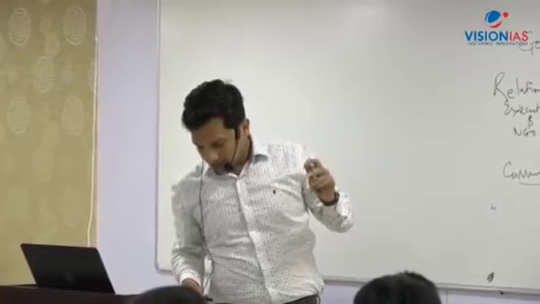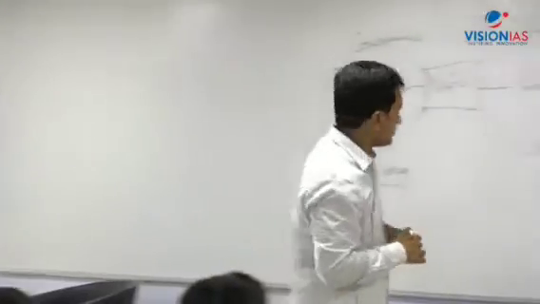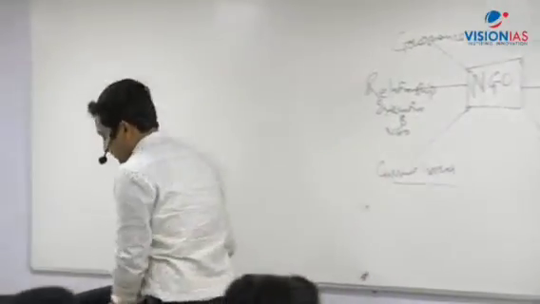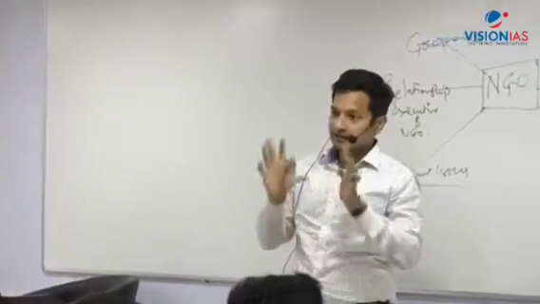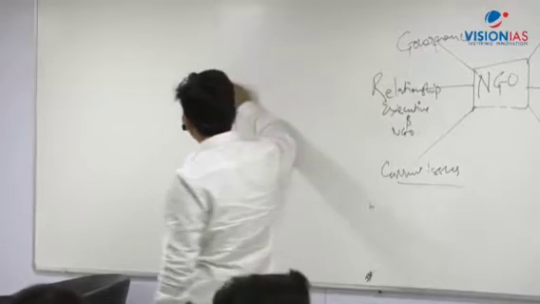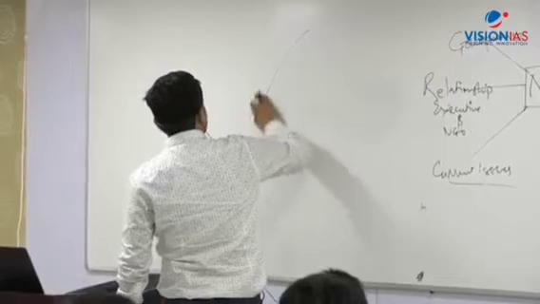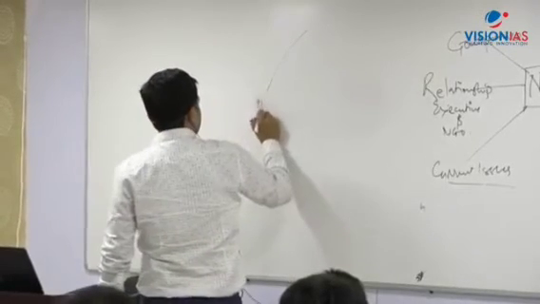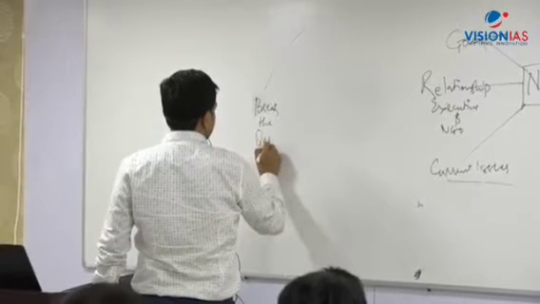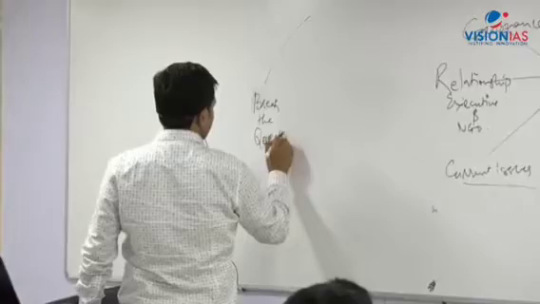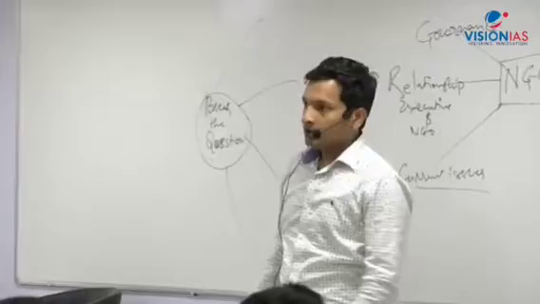Then coming to the next part: see what the question is. Generally, when you see a question, it will have at least 2-3 parts. Break the question into 2-3 parts and have that visibility.